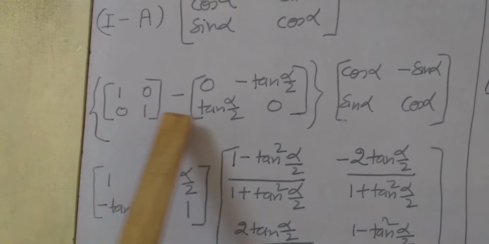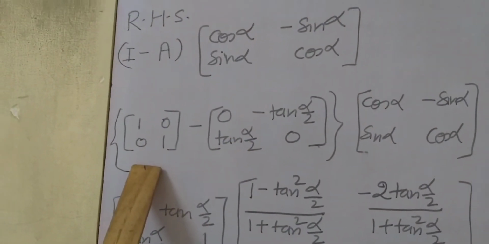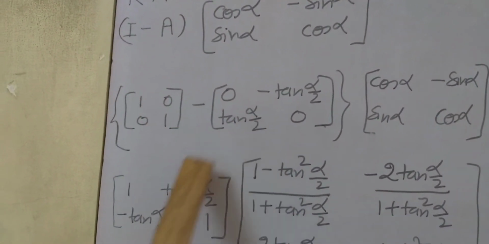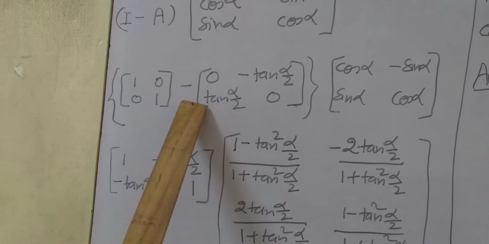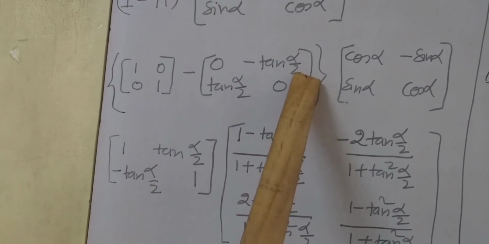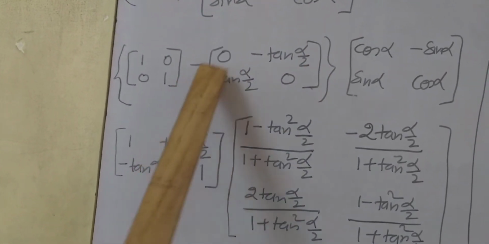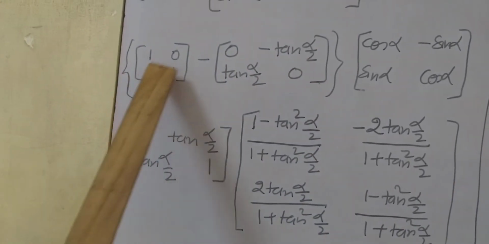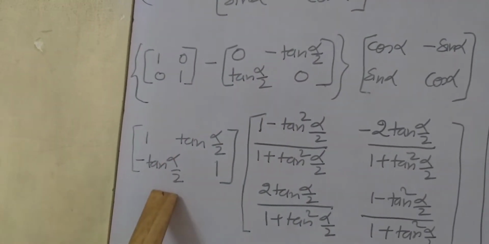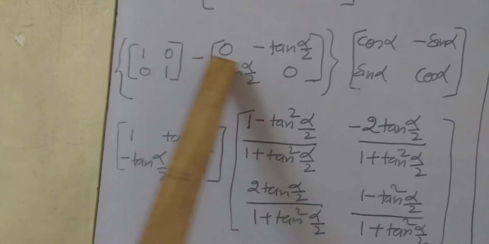Now we have to subtract second matrix from first. So 1 minus 0 is 1, 0 minus minus tan alpha by 2, tan alpha by 2, 1 minus 0 is 1.